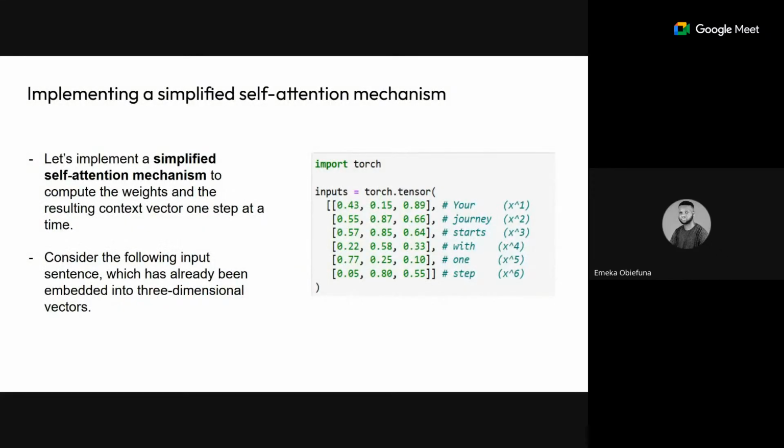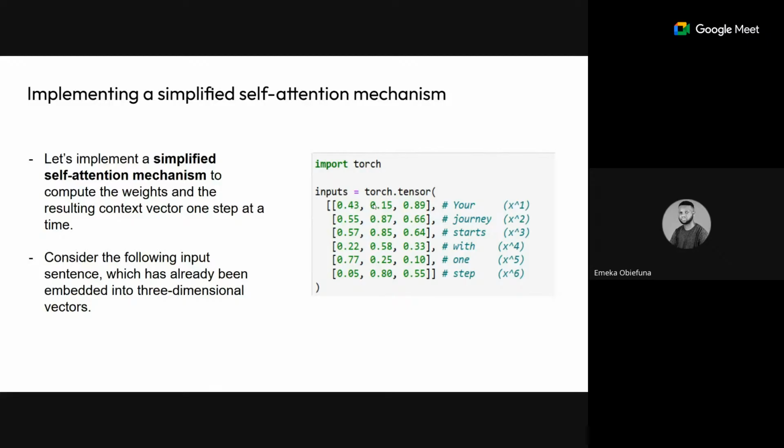To simplify things, because I believe that you understand more when you see, we are going to start off by implementing a simplified version of the self-attention mechanism to actually understand what all of this is about.